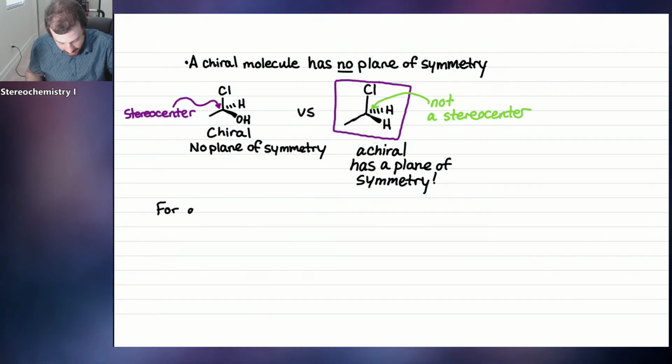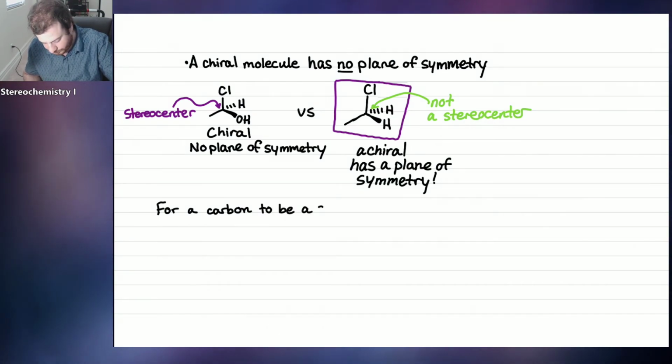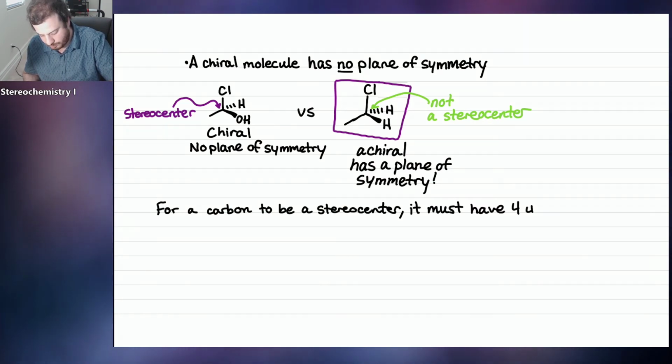So for a carbon, or any atom really, but in this class it's going to be carbon, to be a stereocenter, it must have four unique groups attached.